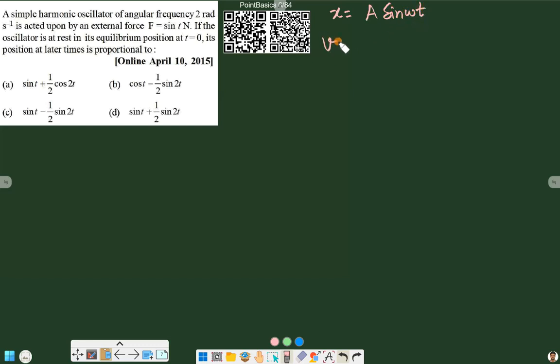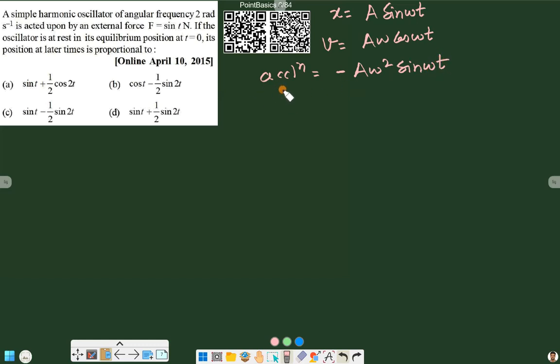From this we can easily form velocity equal to a omega cos omega t, and from this we can form acceleration equal to minus a omega square sin omega t.